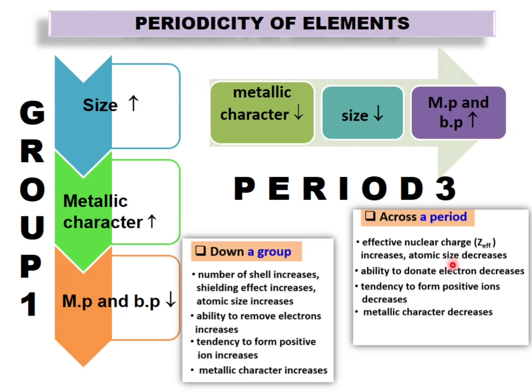So bila size semakin kecil, ability to donate electron will decrease. So tendency to form positive ion decrease, so metallic character decrease. So sebab tu kalau awak perasan, makin ke kanan dalam periodic table, dia cenderung untuk jadi non-metal, sebab dia cenderung untuk gain electron, bukan donate electron.